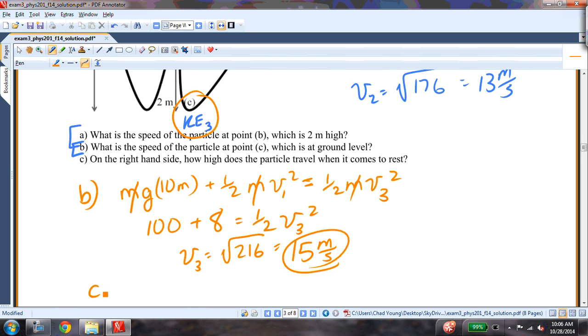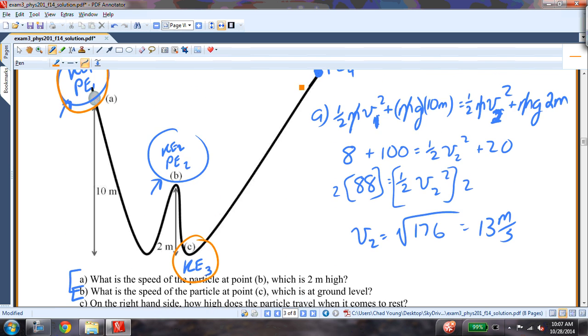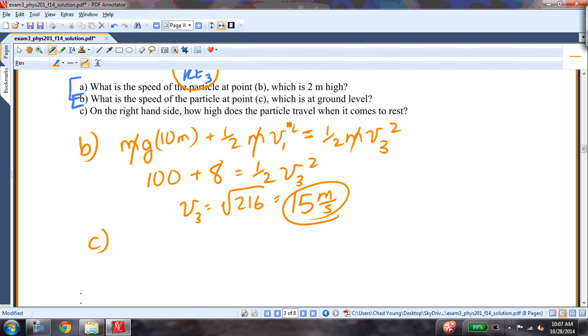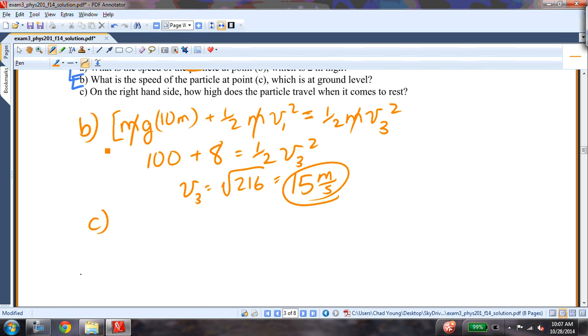And then finally in part C, I want to know the height that it goes to up here. So I'll take the energy here and set it equal to the energy over here. The left-hand side will look the same. The right-hand side now will just have mgh.